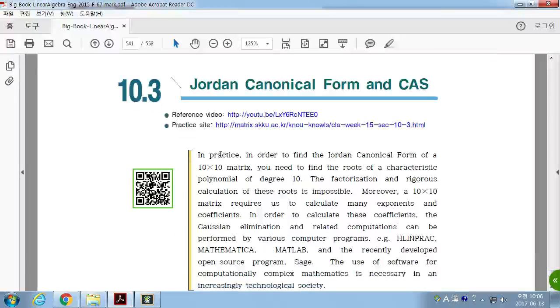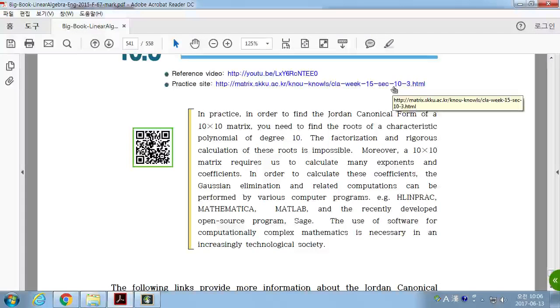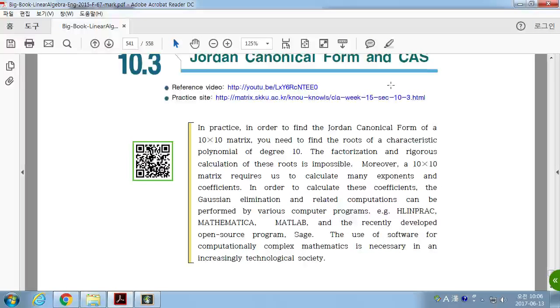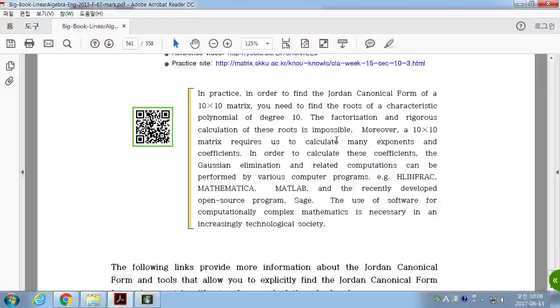So we will start section 10.3, Jordan canonical form and computer algebra system, and how to find the Jordan canonical form with the help of computational tools. In real life, in order to find the Jordan canonical form of a 10 by 10 matrix, you need to find the roots of a characteristic polynomial of degree 10 first.